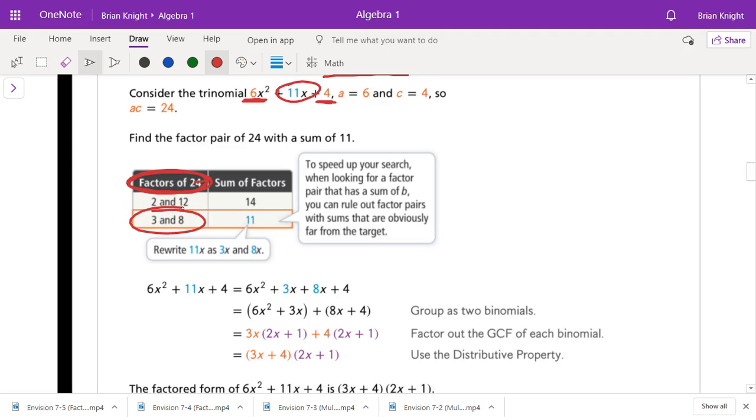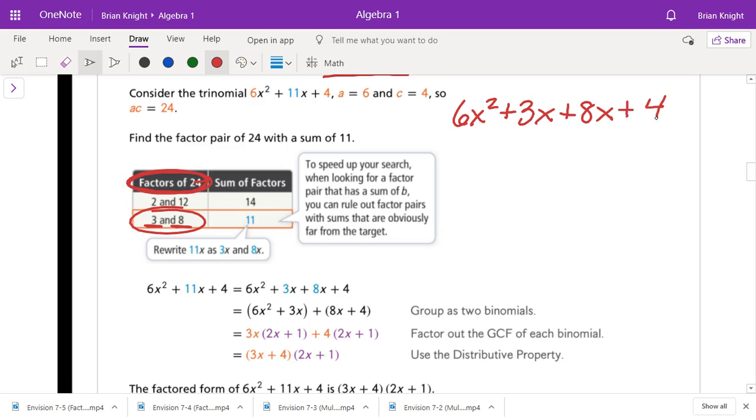So what I'm going to do is rewrite my original problem up here, and instead of writing 11x, I'm going to change that to 3x plus 8x. I'm getting these from my factors here. So, 6x squared plus 3x plus 8x plus 4.